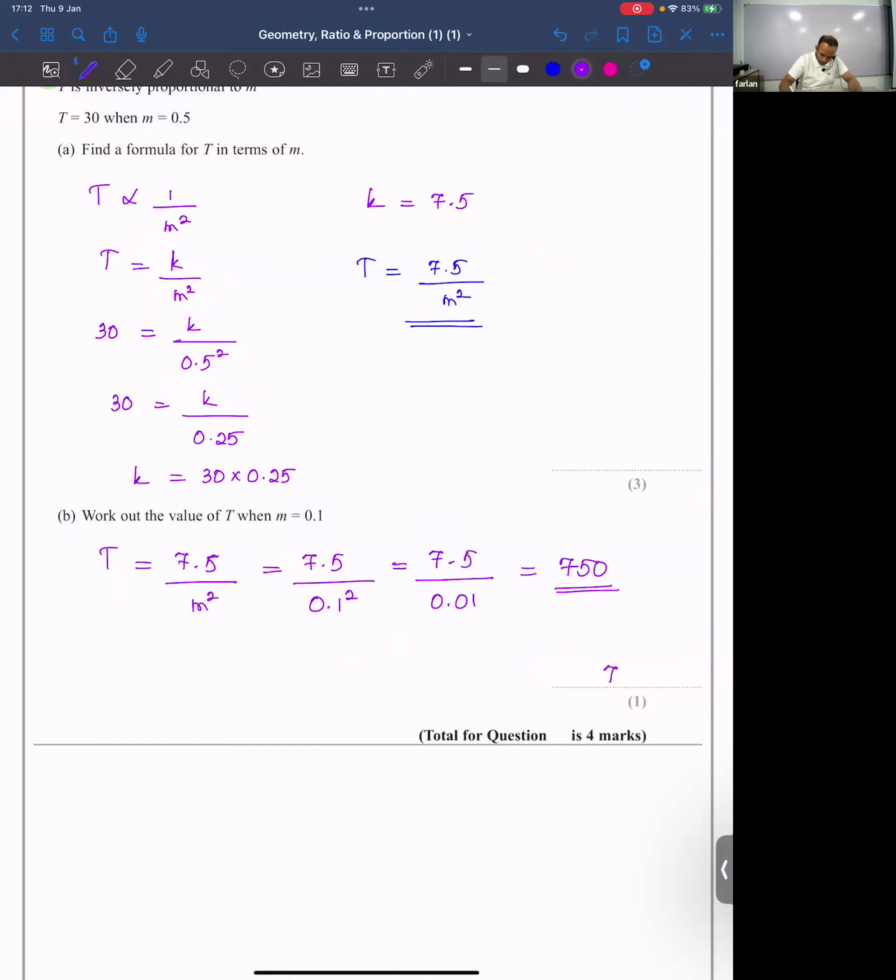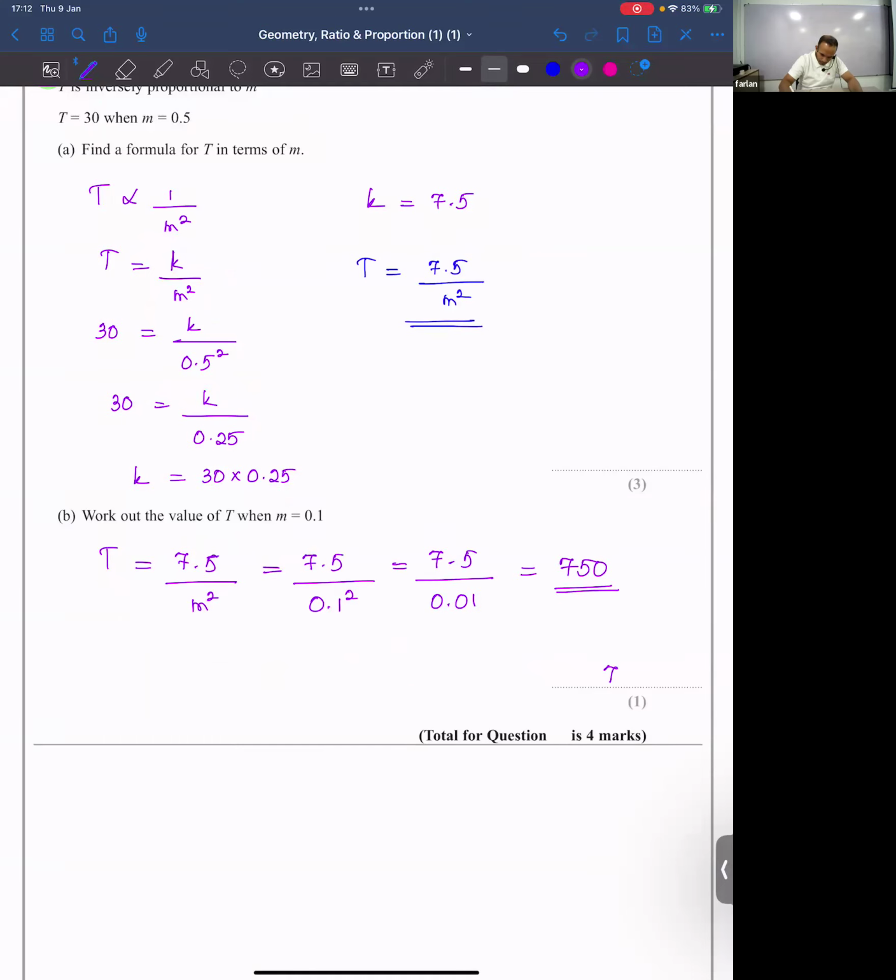A is inversely proportional to C square. A is 40 when C is 1.5. Calculate the value of C when A is 1000. A is inversely proportional to C square means A is proportional to 1 over C square. That is A equals K over C square.